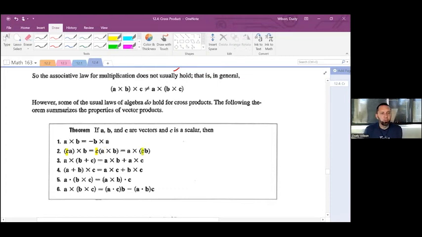A cross B plus C is A cross B plus A cross C. So you can distribute across with addition. In 4, A plus B cross C is equal to A cross C plus B cross C. And so you can distribute with addition whether the addition is at the front end or the back end of the product. A dot B cross C is equal to A cross B dot C.